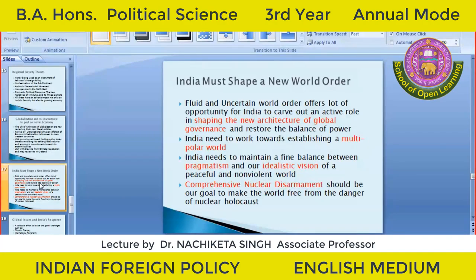The continuity means that India still, despite all these changes taking place outside and within the country, pursued its foreign policy based on its core values and beliefs, such as international peace, international brotherhood, internationalism as such, and the whole idea of democratizing the world order, reshaping the new architecture of global governance, multipolarism.